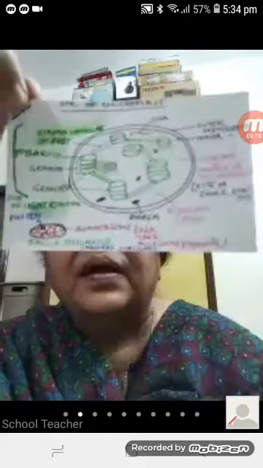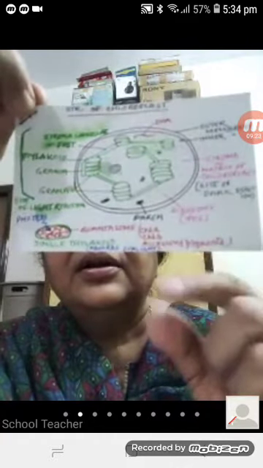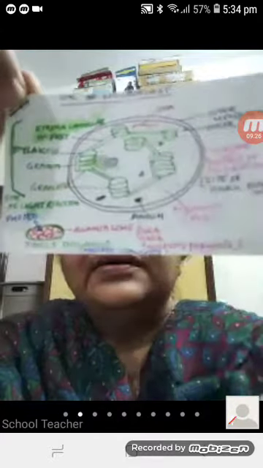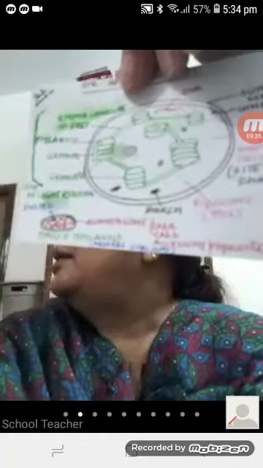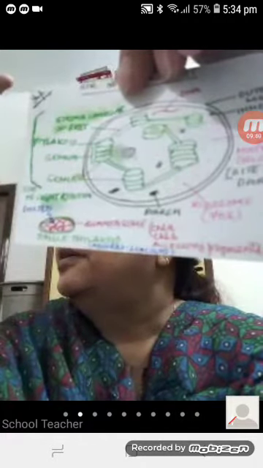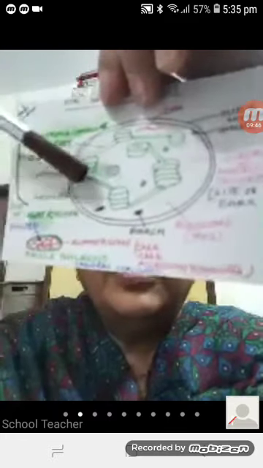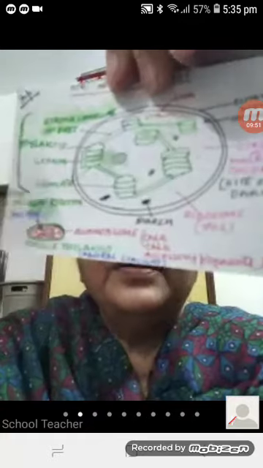You can see in the chloroplast there are sac-like structures kept one above the other.